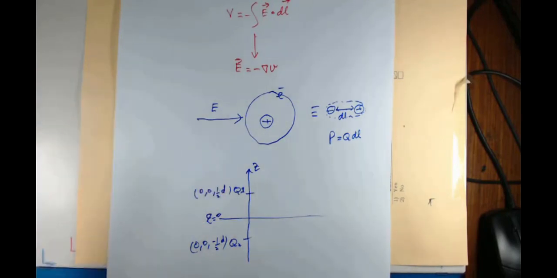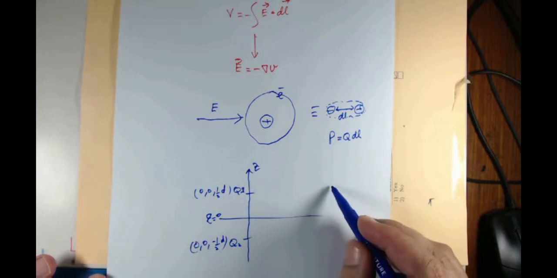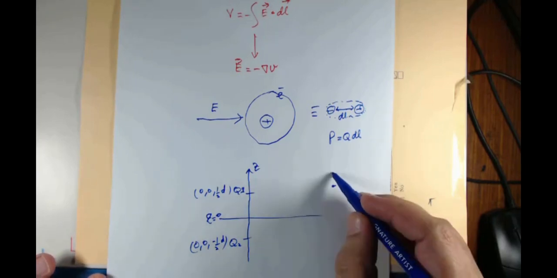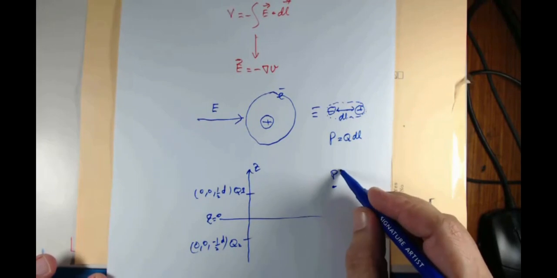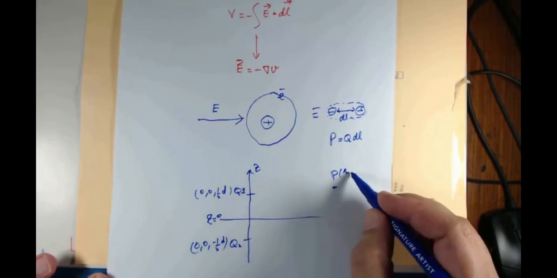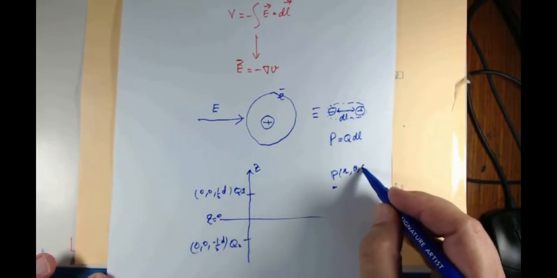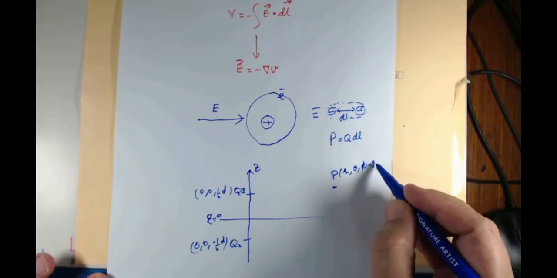That is, the separation between the two charges is d, and we are actually interested to define the electric field and potential at a distant point P. Let us consider this P point at r equal to r, theta, and phi equal to 90 degrees.